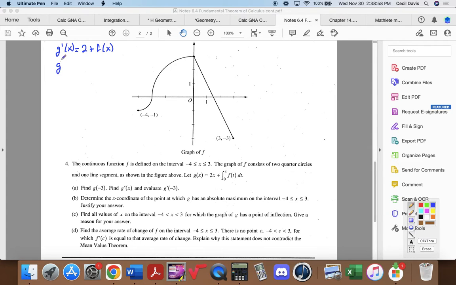So then g double prime of x is going to be f prime of x. So g has a point of inflection when g double prime, which equals f prime, changes sign.